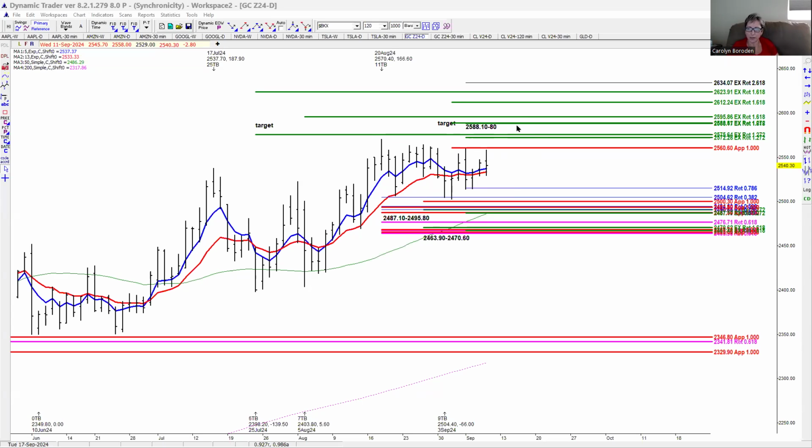You might get out of some of a position, but honestly, a lot of these run way more than some of the minor extensions. Some of these will rally for 2618, and you're going to miss all that if you don't trail up a stop. So I will typically have you trail up stops, maybe exit partial position at the extensions if it's a trend trade setup.